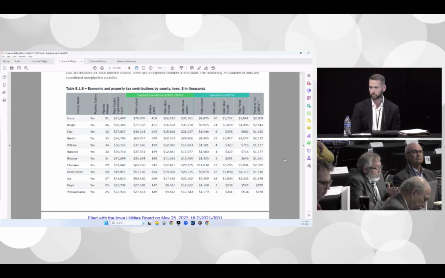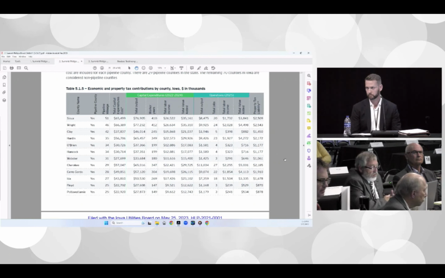I'll kind of jump to the column on the right, the property tax liability. And you did provide some explanation. This again is sort of just derived from a larger number in Hardin County's portion. Is that fair or not? That's right.